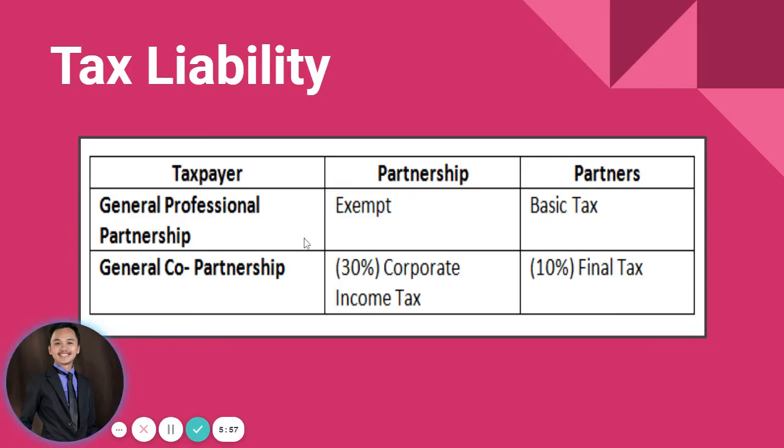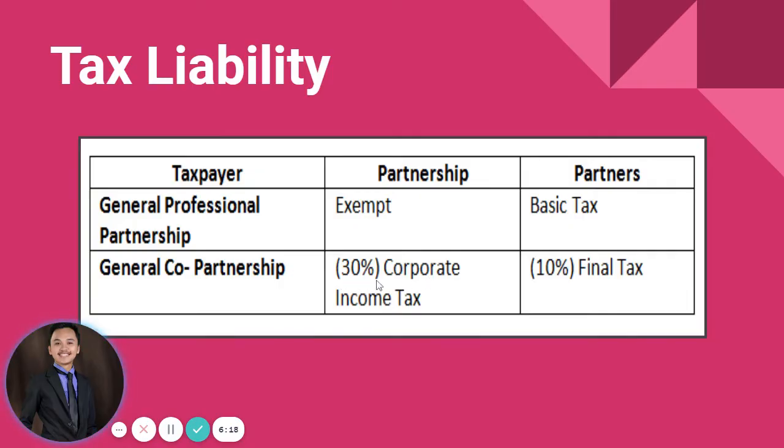But when the partnership is a general co-partnership, meaning the revenues or net income of this partnership come from the operation of business, not from the practice of a profession, it will be considered as if it is a corporation.